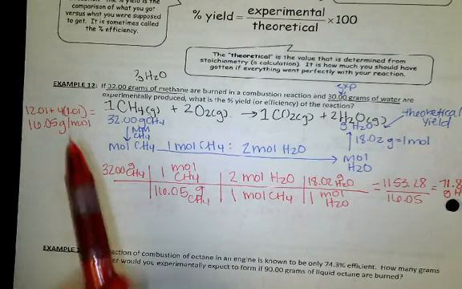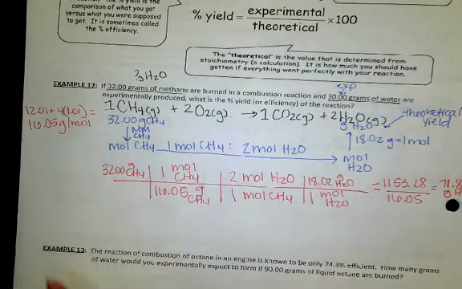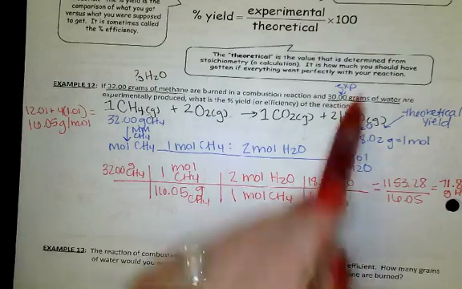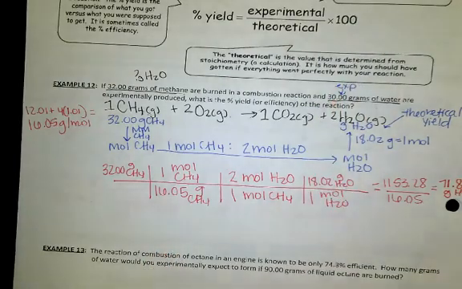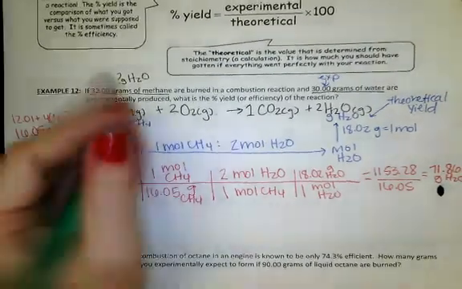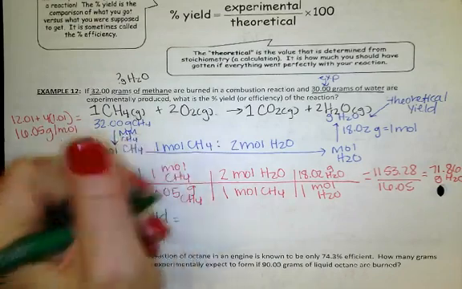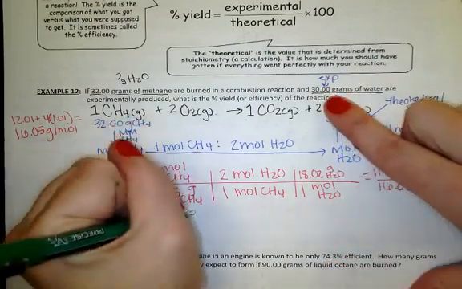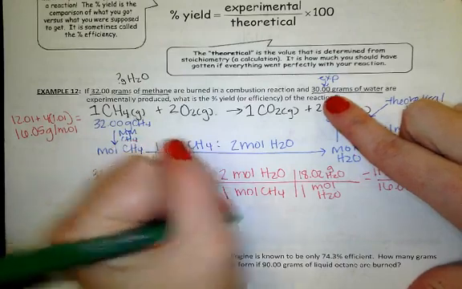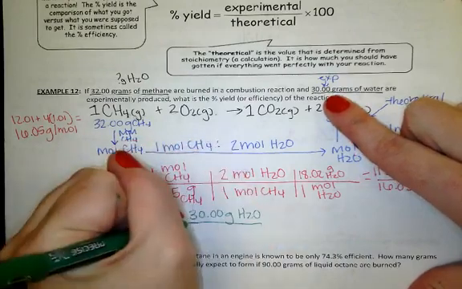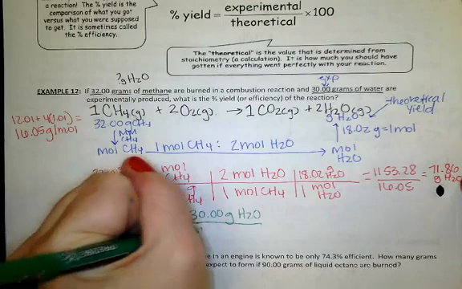Now, they said the experimental yield was 30 grams of water. So to find the percent yield, we take our experimental, which was given, divide it by the theoretical, multiply it by 100%, or 100, and then you'll end up with a percentage.